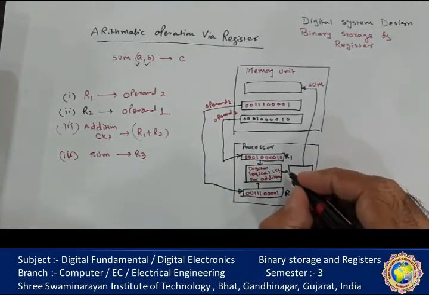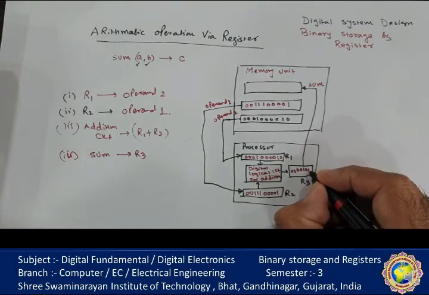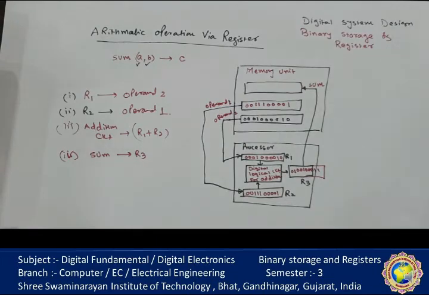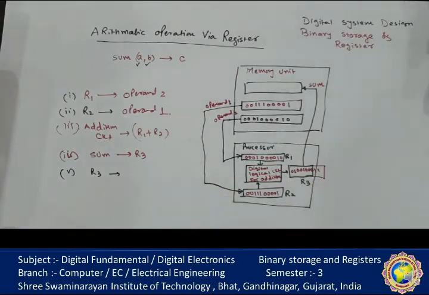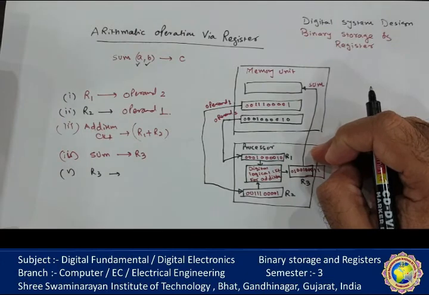Suppose here the result is 0100 1000 11 in R3. So it will store here, and then the R1 and R2 transfer into R3 a binary number equal to the arithmetic sum.